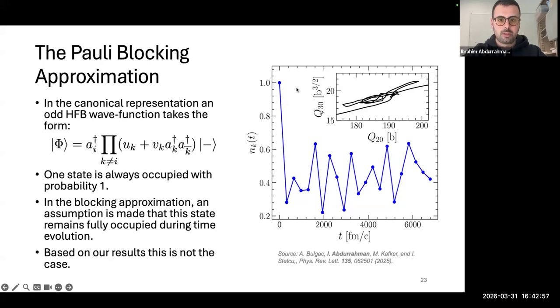In the Pauli approximation, the assumption is made that at all times that state is fully occupied. We started with this configuration, we just looked at the time evolution and looked at the occupation number, and we see very quickly it actually redistributes its occupation probability. So this means probably for time-dependent phenomena, this is not a reasonable approximation to make.